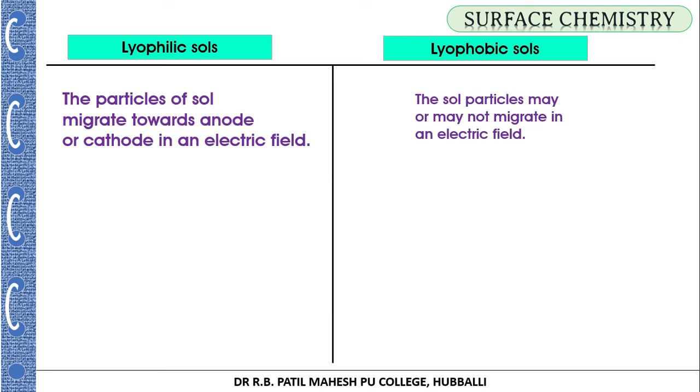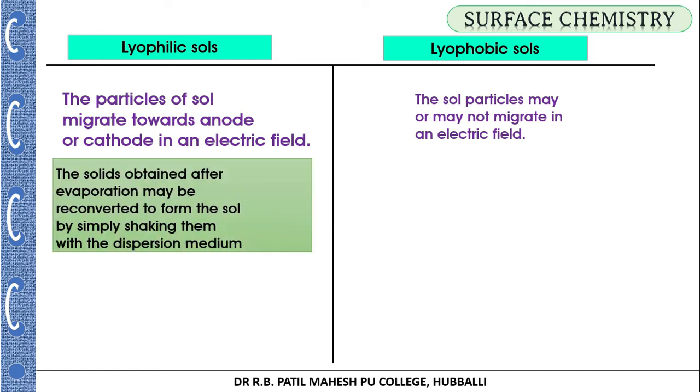Clear? Whereas lyophobic sols are not reversible in nature, they are not stable in nature. Once a lyophobic sol is formed, you cannot reverse the process. From the lyophobic sol, you cannot separate dispersed phase and dispersion medium. Okay?